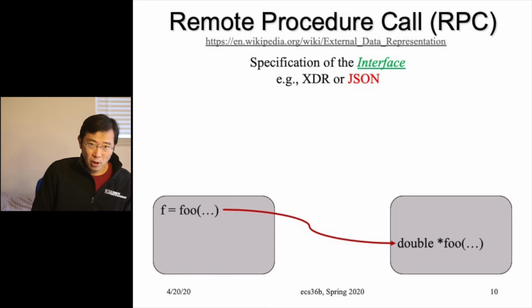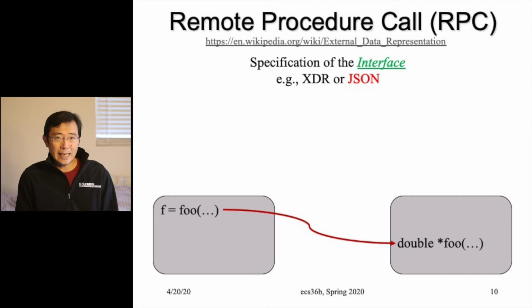Remote procedure call was developed in the 1980s by Sun Microsystems, which is currently part of Oracle. At that time they developed software they called RPCGen. It basically takes a specification of the interface.